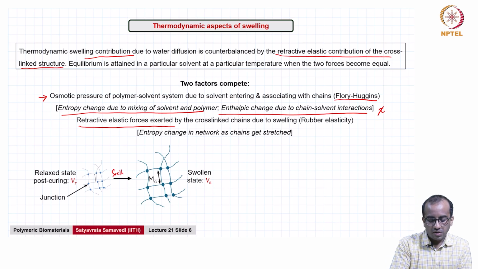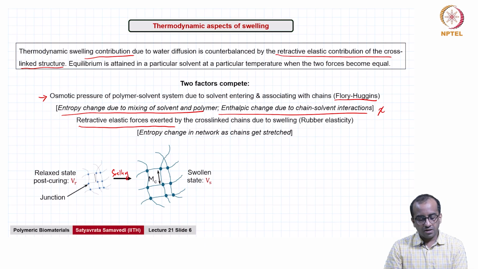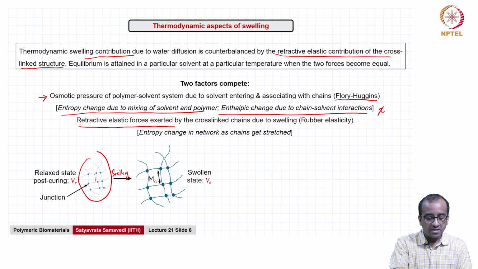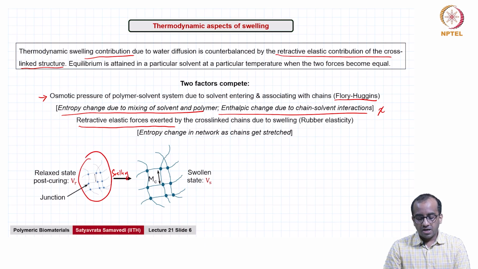So if you look at this picture again, this is the relaxed state post curing, and as the water enters, placing this in a large bath of water, the network is starting to swell because water is now getting inside the network, it will not keep swelling forever. It will keep swelling till the point when the two forces are balanced.